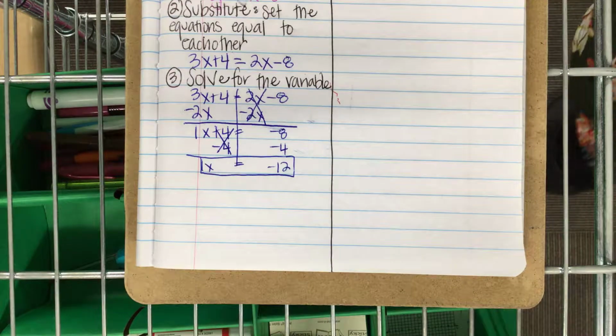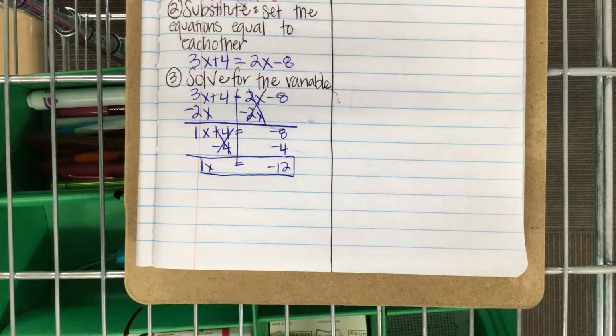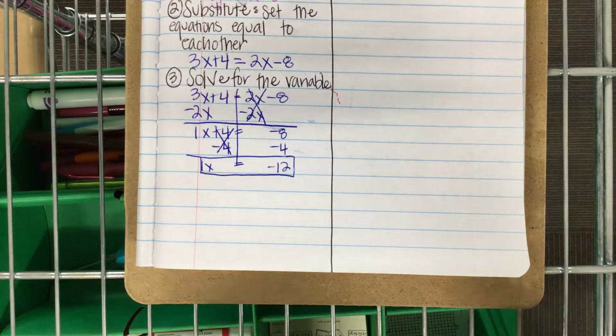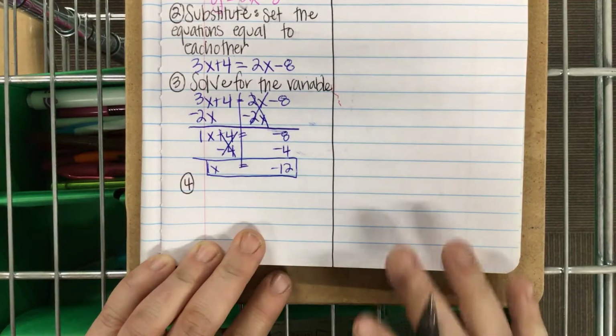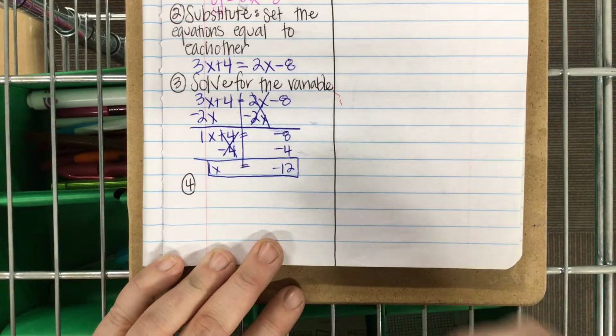All right, now let's think about this. I have an x answer, but I'm not done because my answer to a system is an ordered pair. Right? An x comma y. And I have an x. So what I do now is I re-substitute.